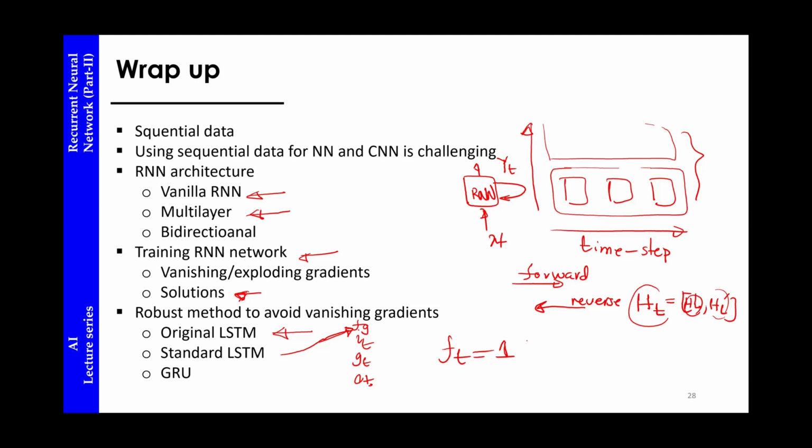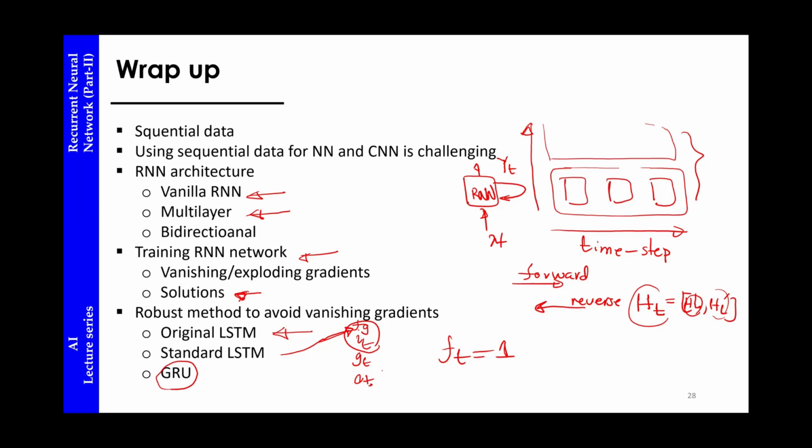And finally, we introduced another variant of the LSTM that merges the input and forget gates. It also merges the cell state and hidden state that we have in LSTM.